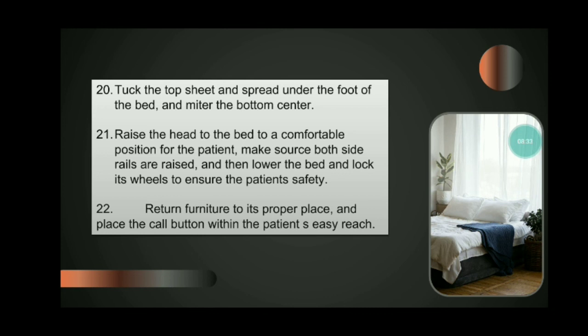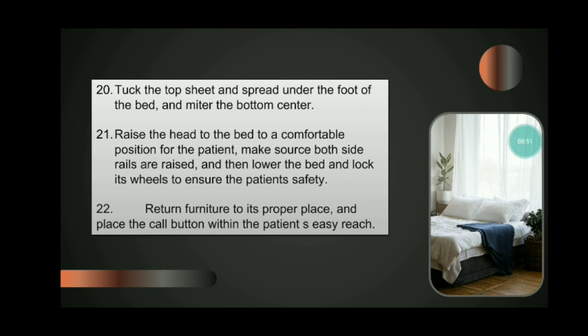So, this time, you need to lock it, yes, to ensure the safety of the patients. So, you need to raise the head of the bed to a comfortable position for the patients.